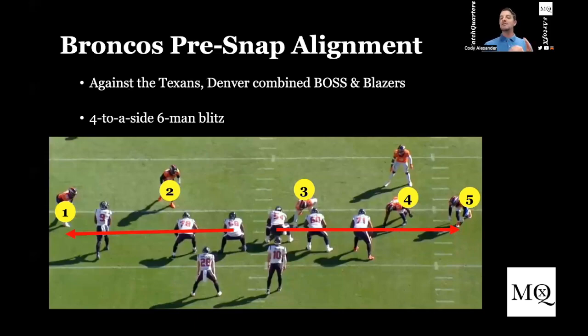So let's dive into an example. Let's talk about the Broncos versus the Texans. This is the example that we're going to use. Against the Texans, Denver combined the boss alignment, bigs on same side, with the Blazers width. So what they did is they put 4 to a side in a way, because the dime is sitting right on top of the 5 technique, and he's looking at the running back.